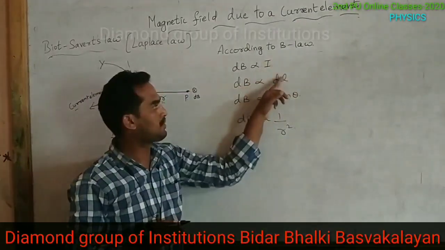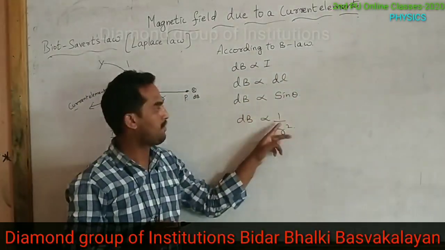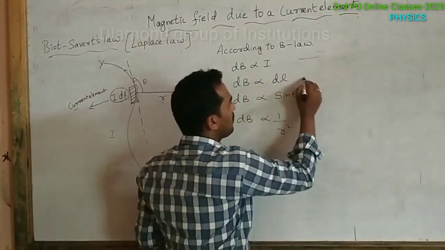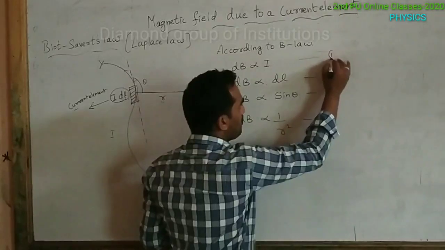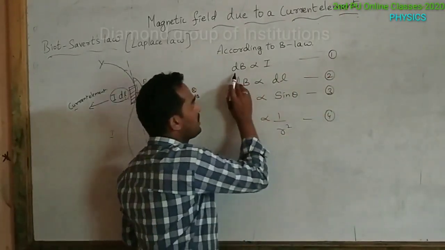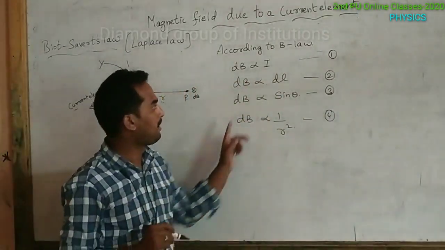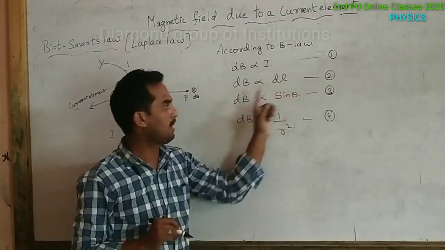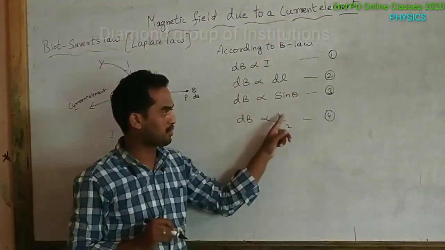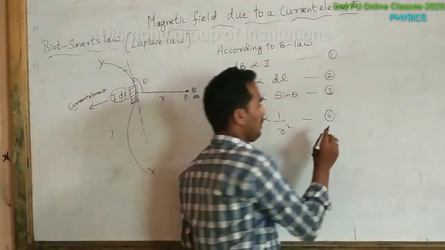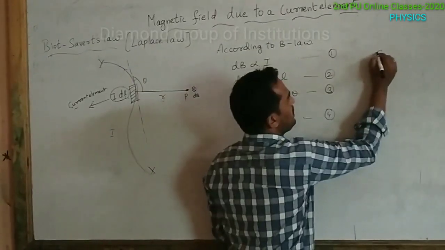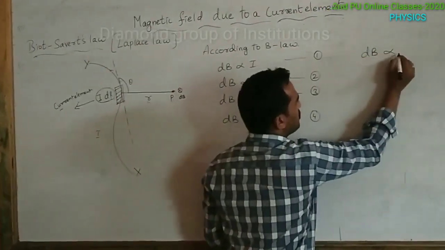So these three are directly proportional, and R is inversely proportional. Combining these four, equation number 1, 2, 3 and 4: dB directly proportional to I, dB directly proportional to dl, dB proportional to sin theta, dB inversely proportional to R square.